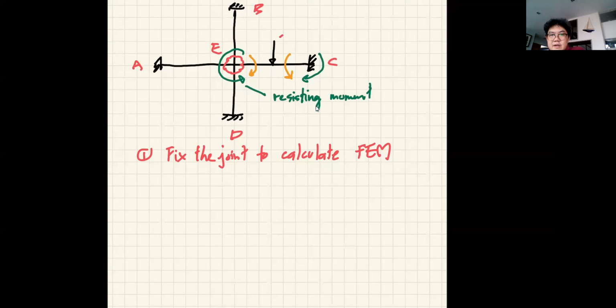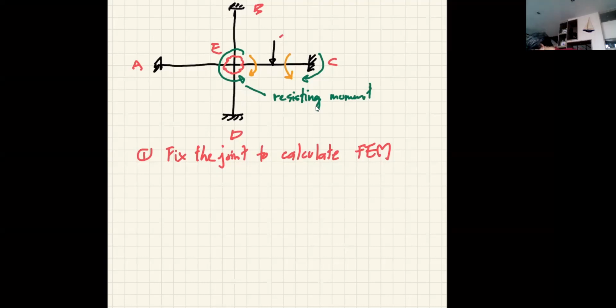But because that is not the natural condition of your structure, if you lock the joint to calculate moment, you need to release it back to its original position.